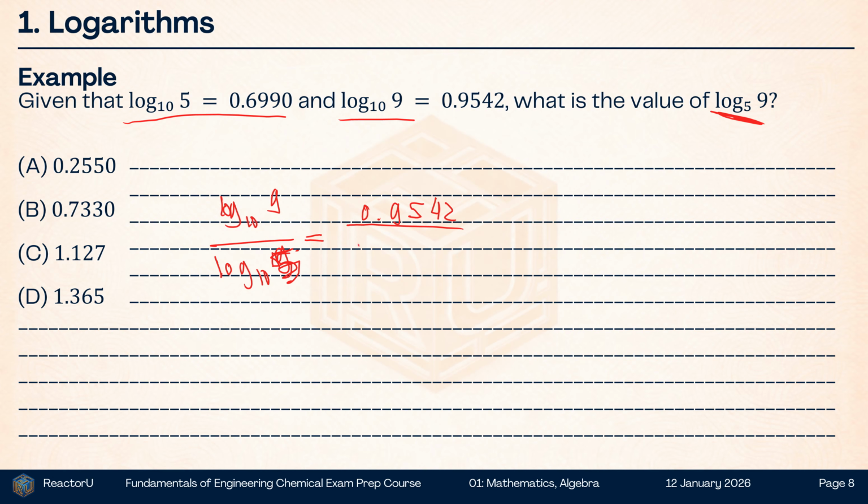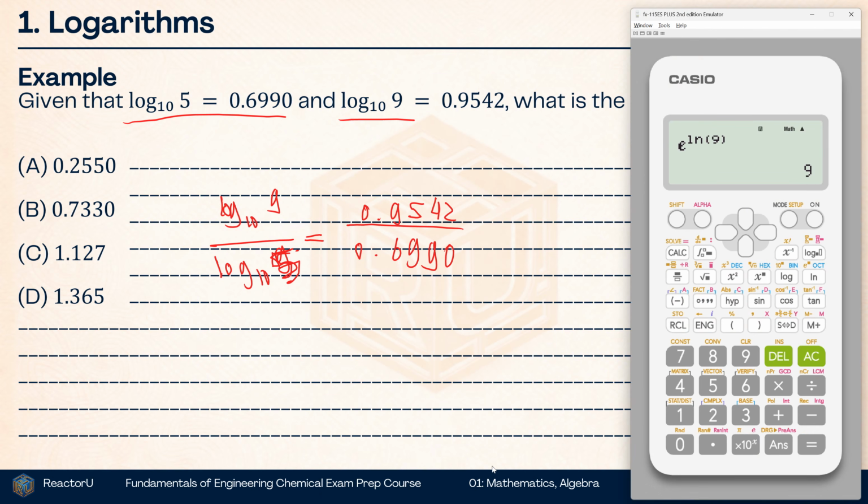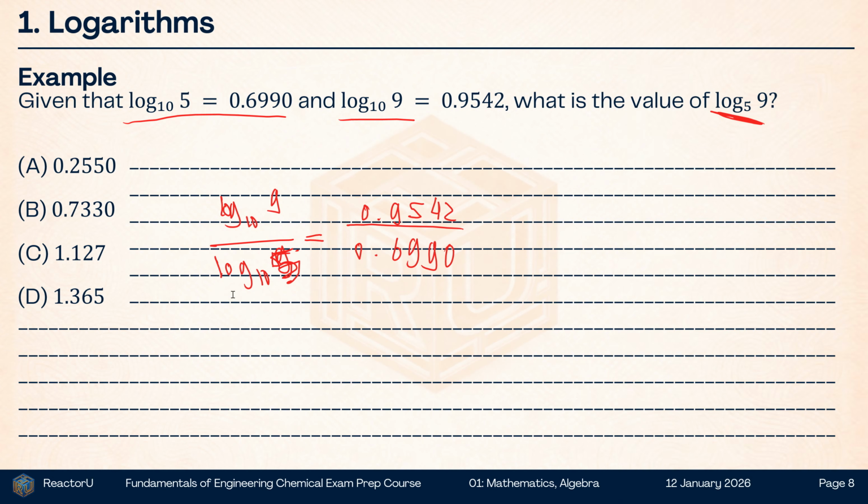So 5 to the base 10 is 0.6990, and let us use the calculator for that. So the answer is 1.365. All right, so the answer is D.